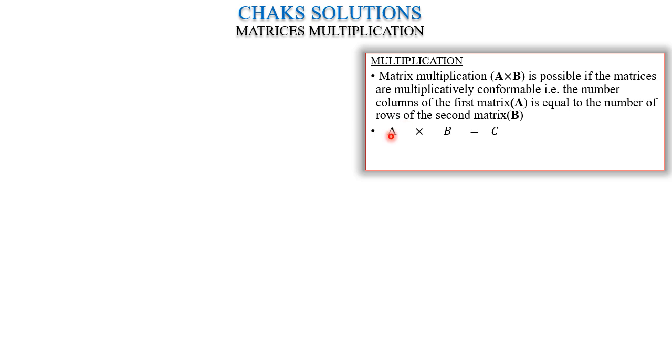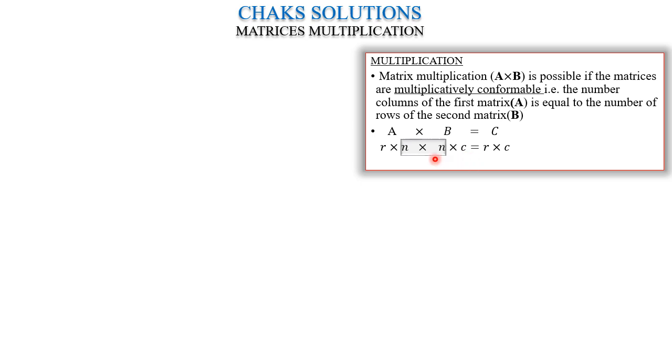A is a matrix and B is also a matrix. A will have a certain order, B also, and C will also have a certain order, which is the resultant. Let's say A is R by N times N by C. This will give us an R by C matrix.